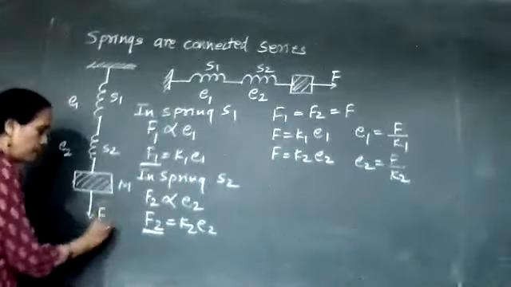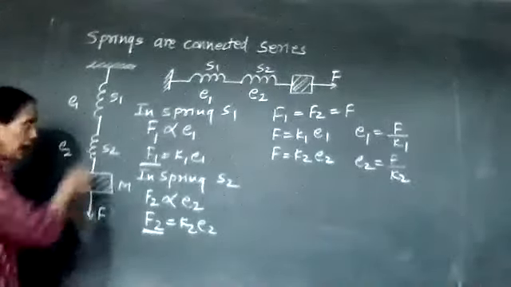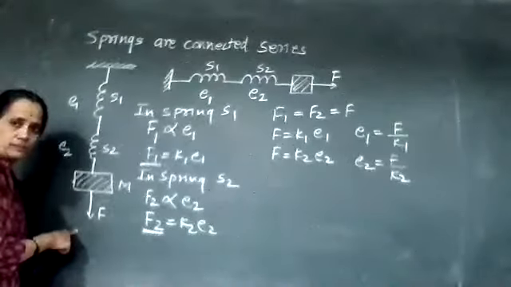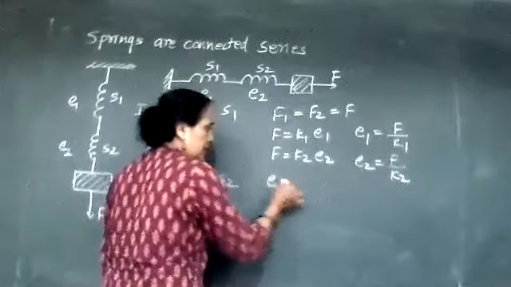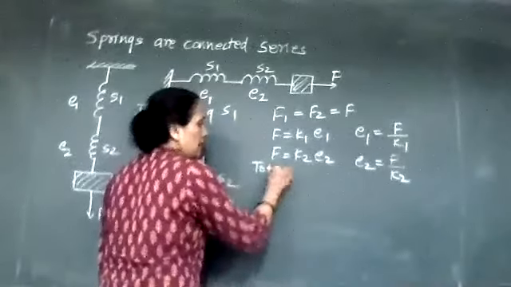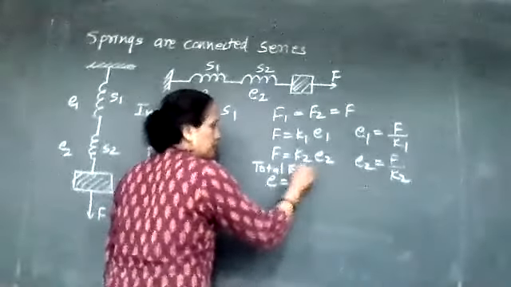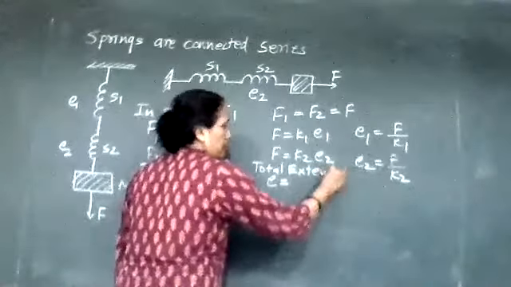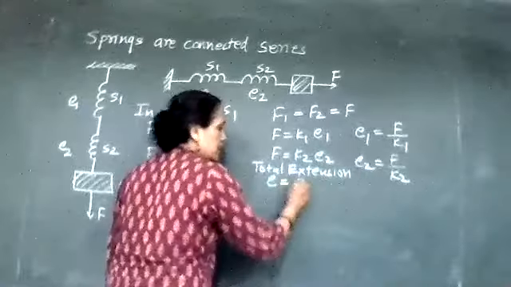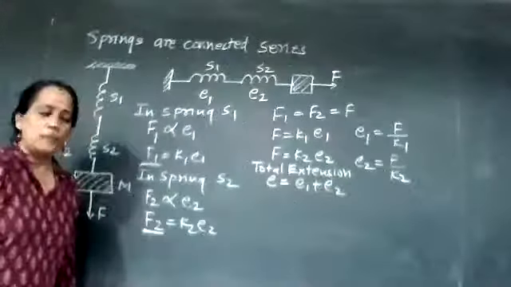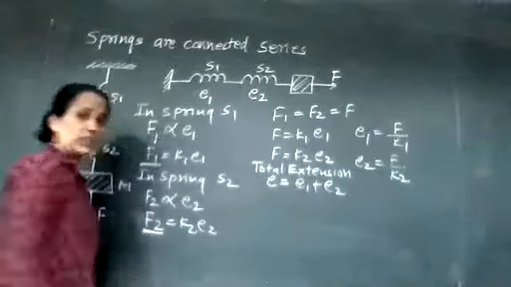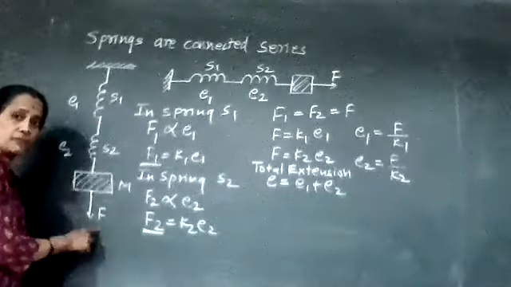Now, due to the application of this force, I get a total extension. So the total extension E in both springs is E is equal to E1 plus E2. But this total extension E is due to which force?